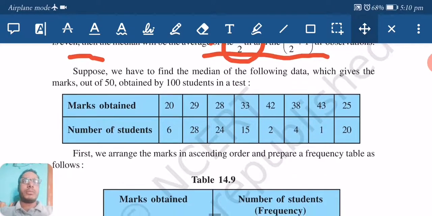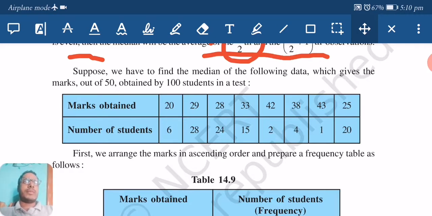Just check out this table now. The table shows marks obtained by number of students. Total number of students here are 100, and these are the marks obtained out of 50 by 100 students.